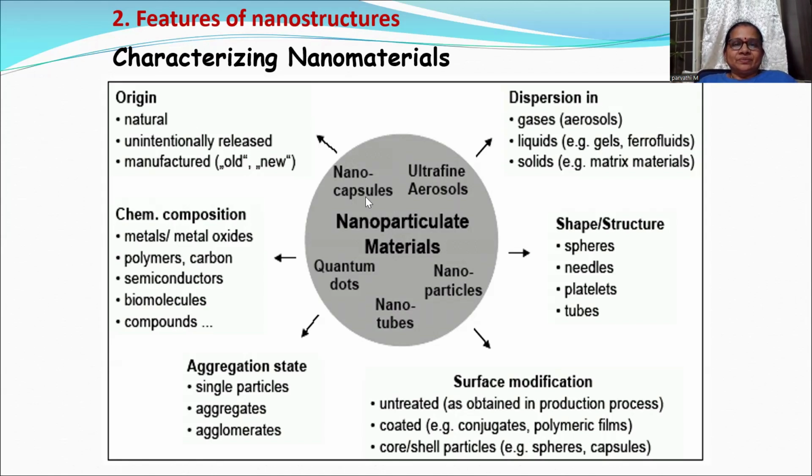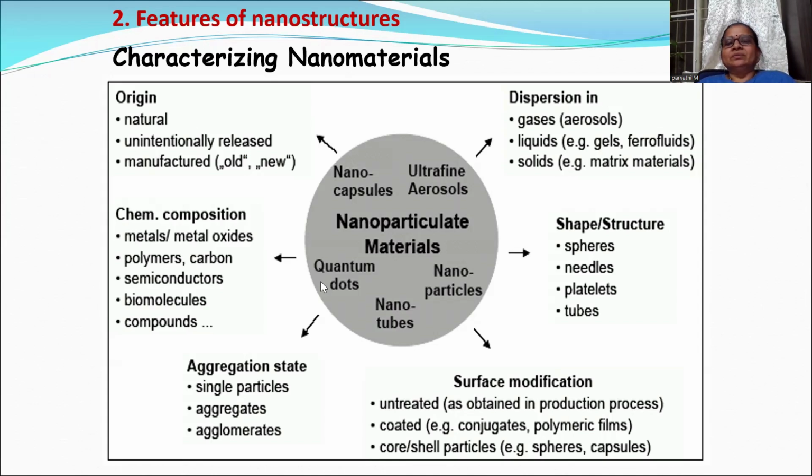For example, nanocapsules: you can find applications like origin, natural and unintentionally released, manufactured. These nanocapsules are not that difficult to get to the nano level and can be easily identified.